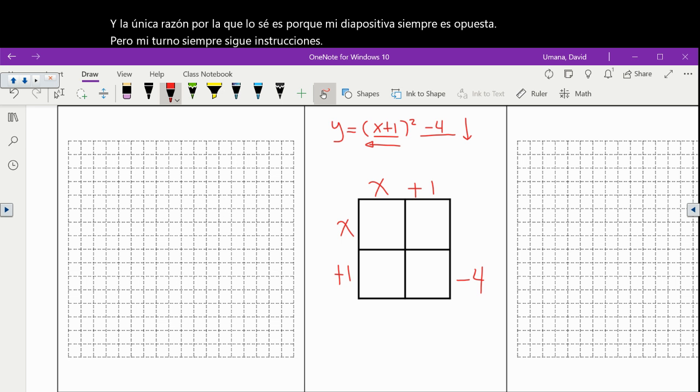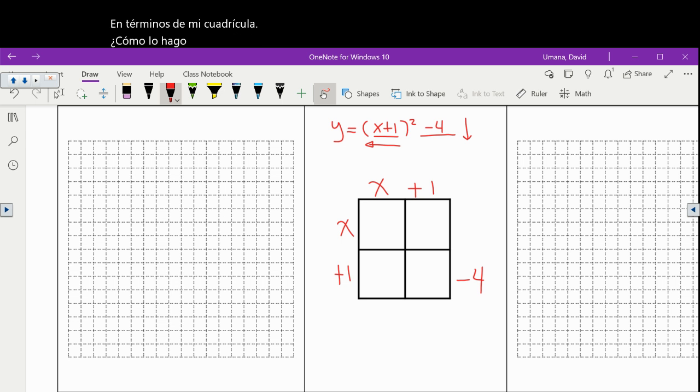Okay? Now, in terms of my grid, how do I personally decide where to draw my x and y axis? The way that I decide has to do with my slide and my shift. What I mean by that is I try to decide how much space I need in the bottom so that I can actually shift down enough.